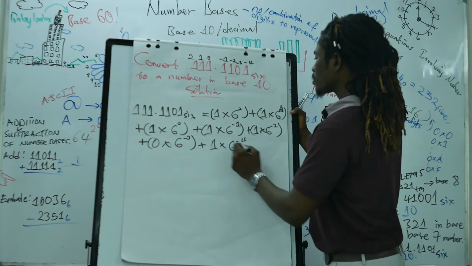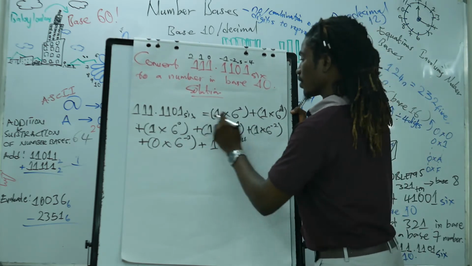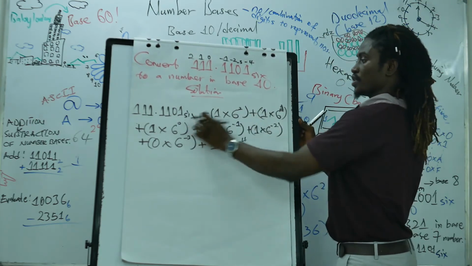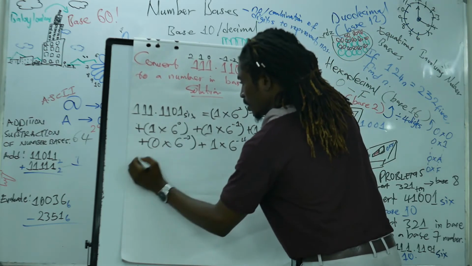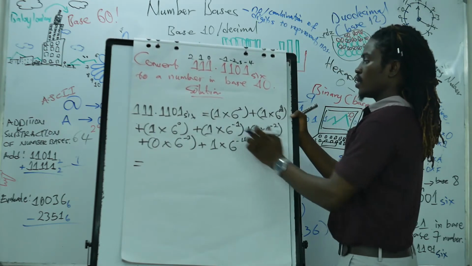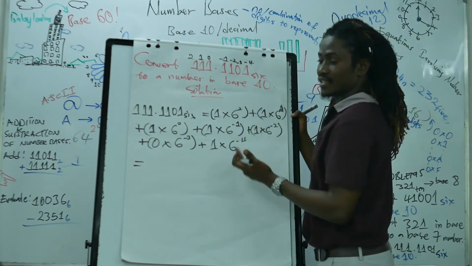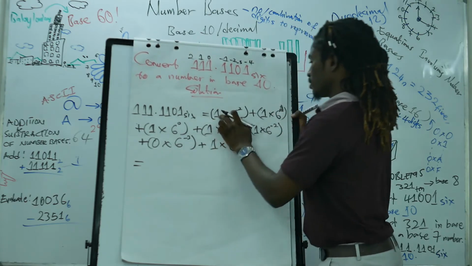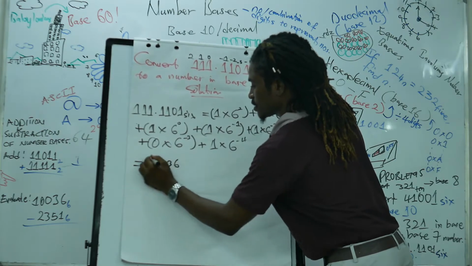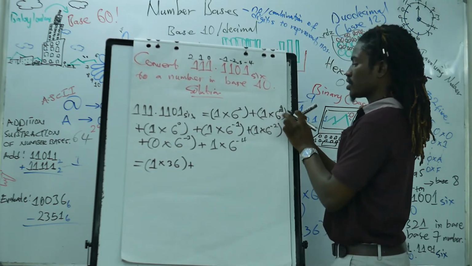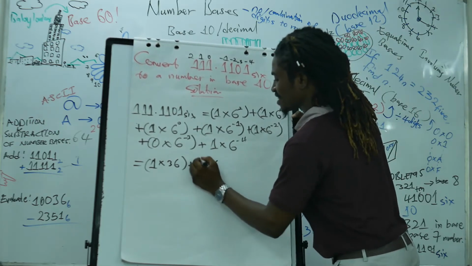So what we are going to do now is find the values of these exponents and multiply the terms out. 6 squared is going to be 36, so 1 times 36, plus 1 times 6 raised to the power 1, which is just 6, so 1 times 6.